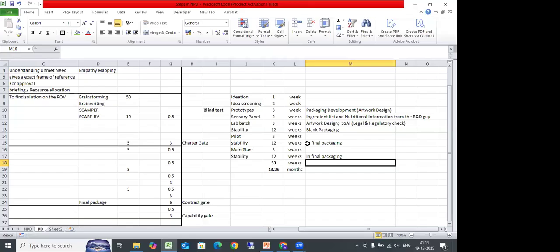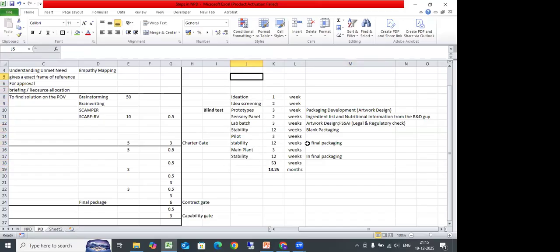Once that digital proof is approved, the packaging supplier sends you the actual film. Then it gets approved. Then it goes for commercial manufacturing. Again, in the digital print, whatever the color, there would be variation. So that has to be approved by marketing. What Pantone shade? Is it different from the Pantone shade? All these things are there.